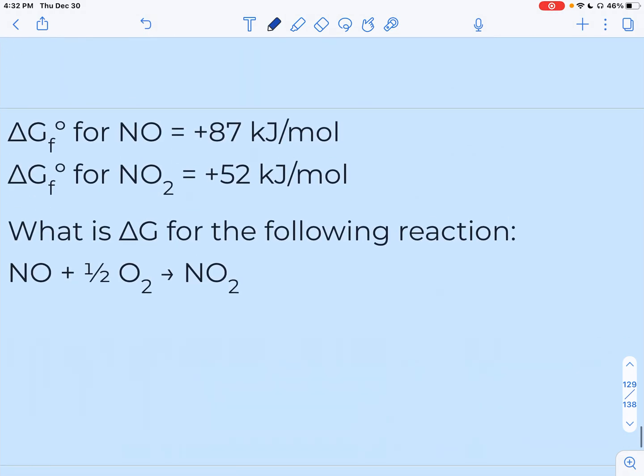So let's take a look at this one. Okay, going to be the same basic idea, except this time we have a different overall reaction. So I'm going to write my same 2 formation reactions.